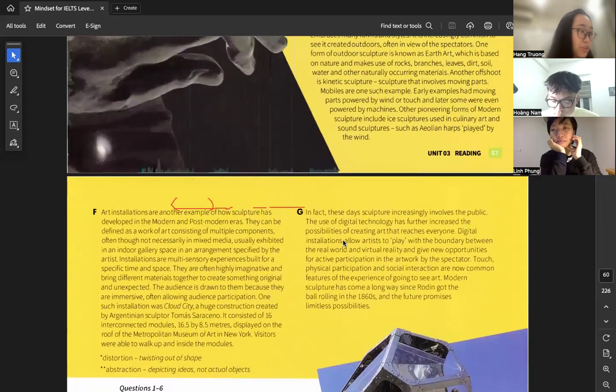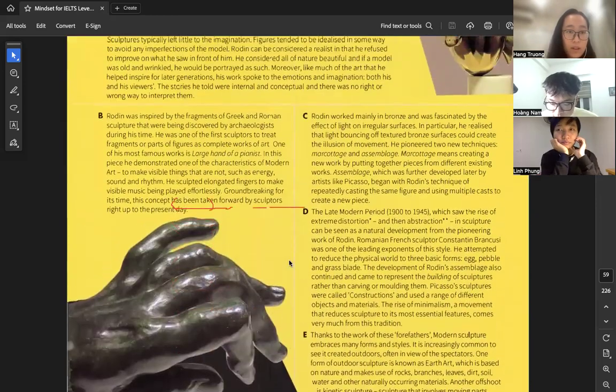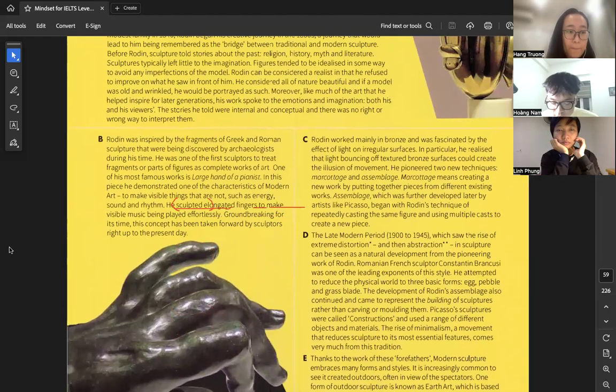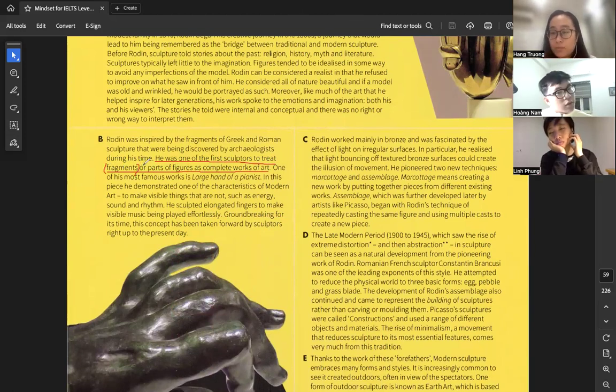Hua, in which paragraph do you find the answer? In the second sentence. Yep. The paragraph told me that he was one of the first sculptors to treat fragments or parts of figures as complete works of art. Exactly, very good. So what does fragments mean? What is a fragment? I saw this word a lot in the game, but I don't know.